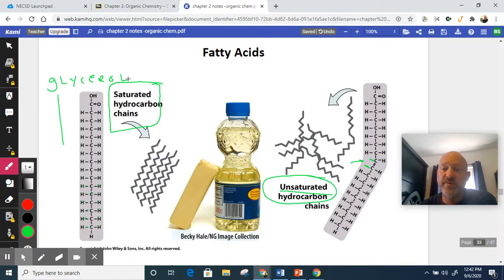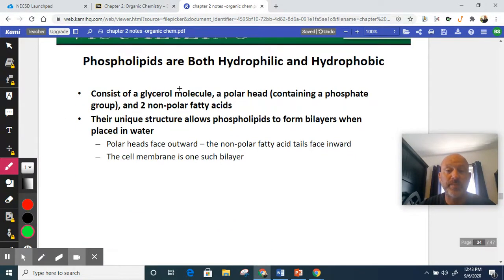The unsaturated fats are usually liquid at room temperature. So oil is an unsaturated fat. And the saturated fats are usually solid, like butter, at room temperature. This is a saturated fat, or actually just a saturated hydrocarbon fatty acid chain.